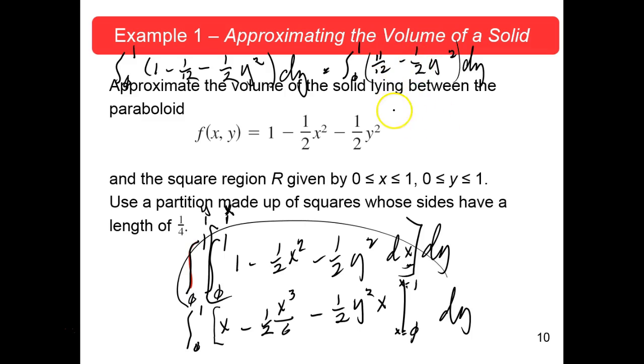So what would this give you? Antiderivative of 11/12, the antiderivative of a constant, would be 11/12 y.